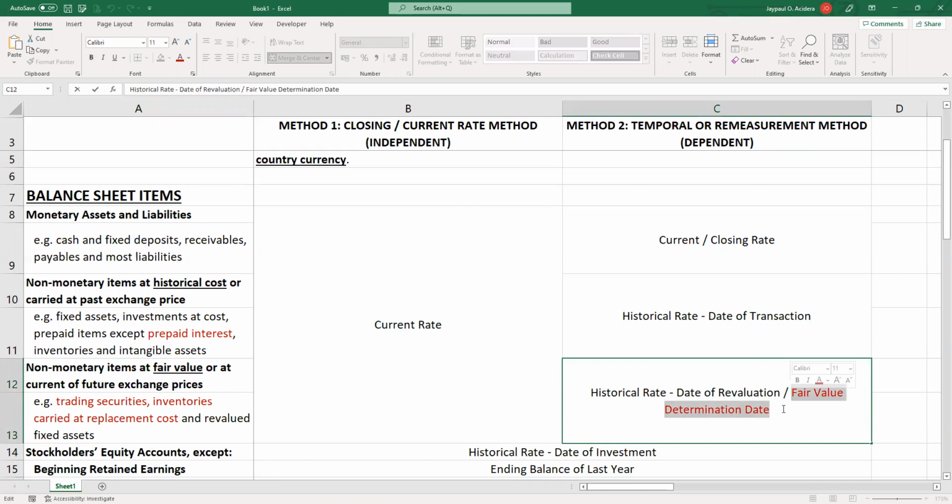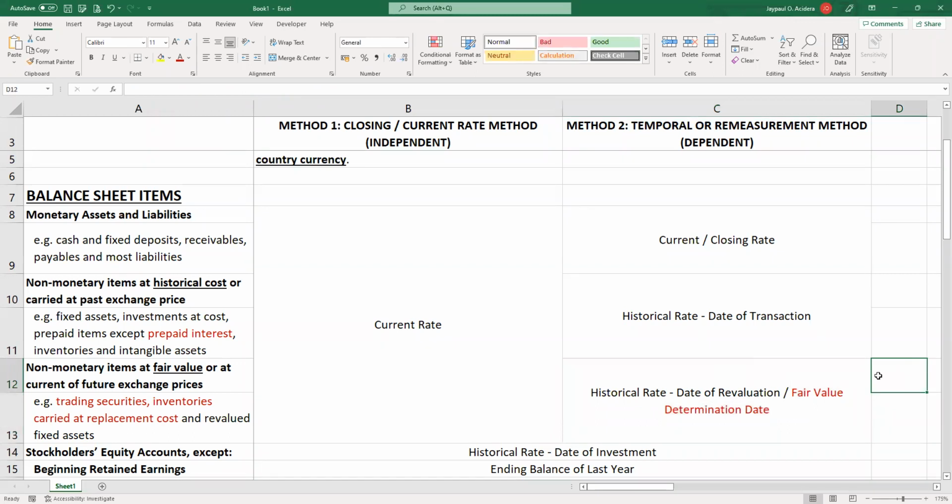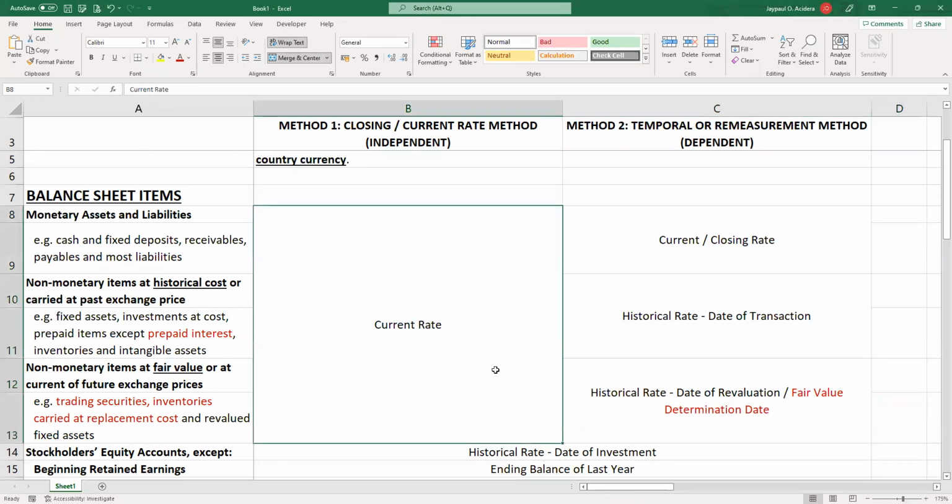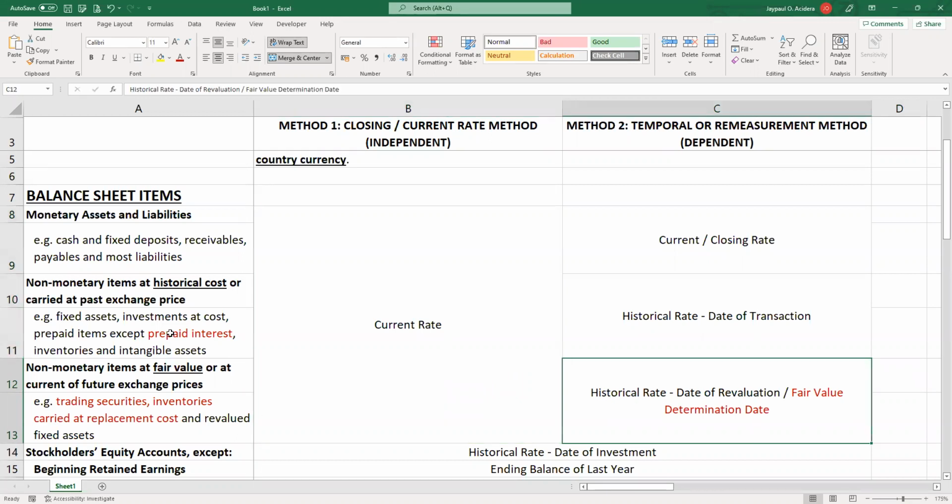Okay? Eh di ba class, kapag nag-record tayo at fair value, we are adjusting the values usually at year end. Di ba? We are recording their fair values at year end. Okay? So ano ba yung fair value natin at year end? Yung fair value at the year end natin, that is also our current rate. Okay? Because current rate is also our closing rate. So mamaya babalikan natin to. So take note of that.